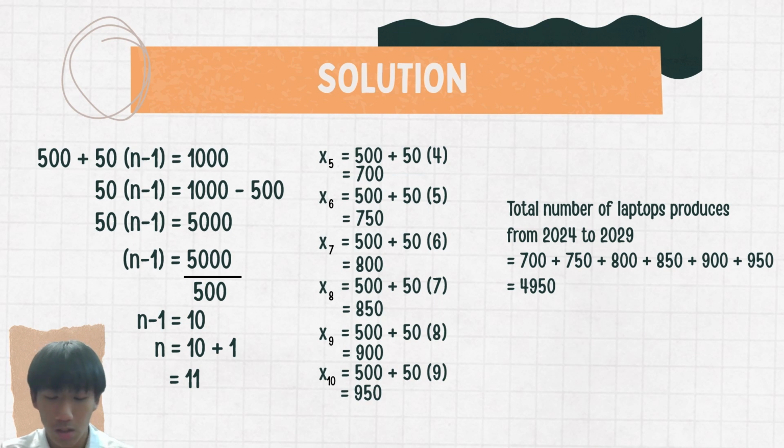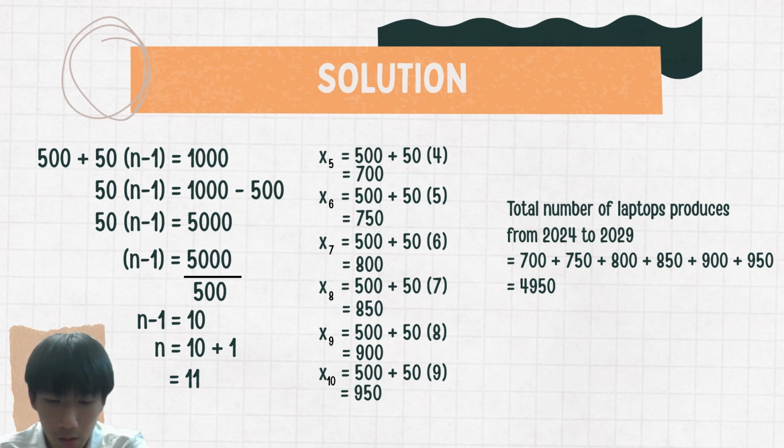The next one is question 2, the total number of laptops produced from 2024 to 2029. I got the range of the years, where 2020 is the first term, 2021 is the second term, and so on. The first solution for this second question is to use the same formula as the first one, a plus d times n minus 1.